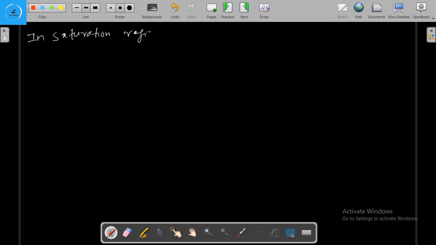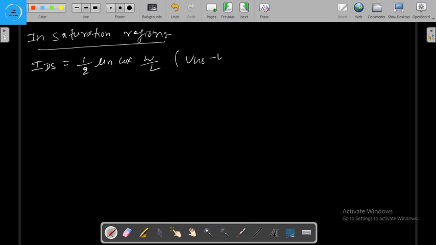So in the saturation region, as we know, the drain current equation IDS will be equal to 1 by 2 μn Cox W by L (VGS minus VT0) whole square into (1 plus λVDS). Now we are differentiating this IDS with respect to VDS.